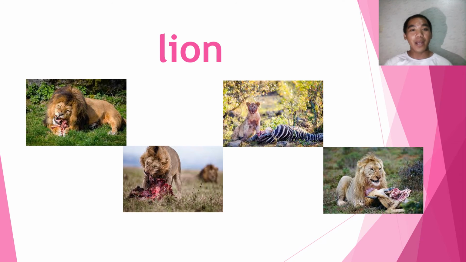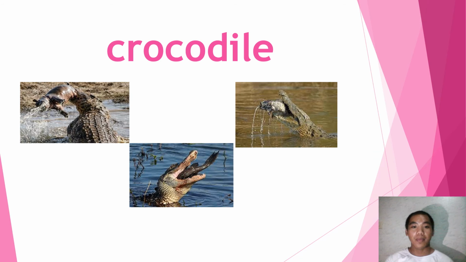We have here lion. Lions eat other animals, that's why they are considered carnivores. And the last one, we have crocodile. As you can see in the picture, crocodile eats fish and other kinds of animals.